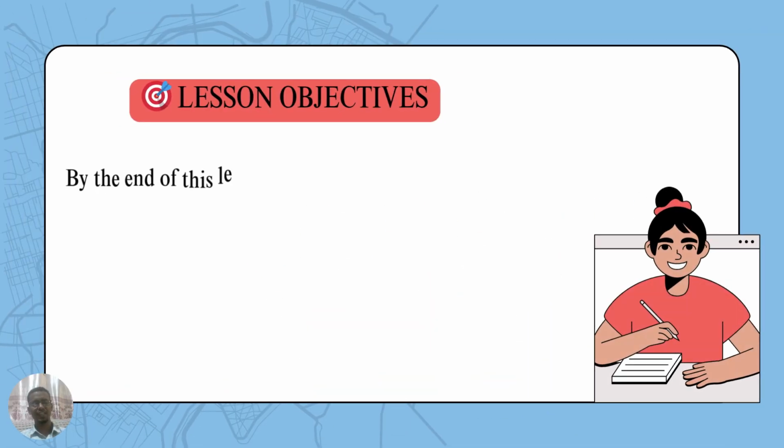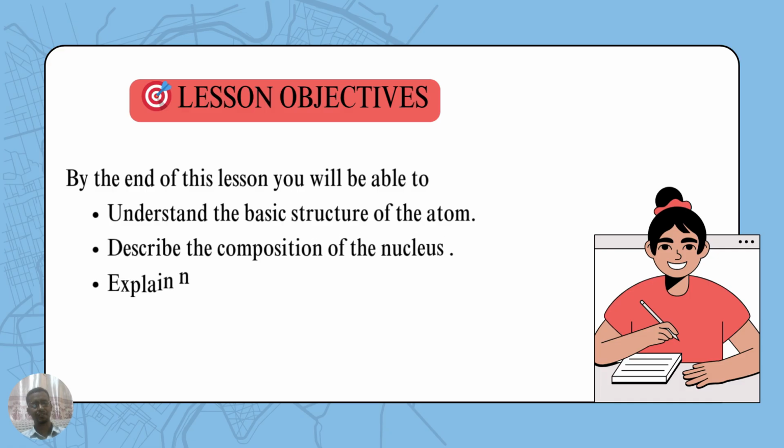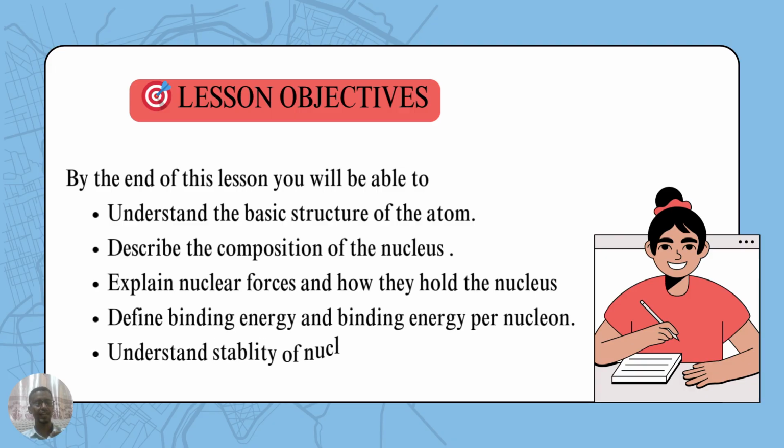The objective of this lesson is that the student will be able to understand the basic structure of the atom, describe the composition of the nucleus, explain nuclear force and how it holds the nucleus together, especially how it plays a role in the stability of the nucleus.